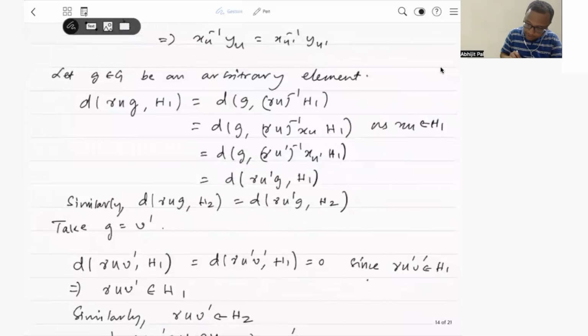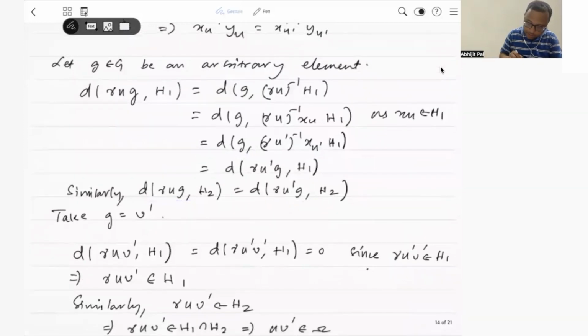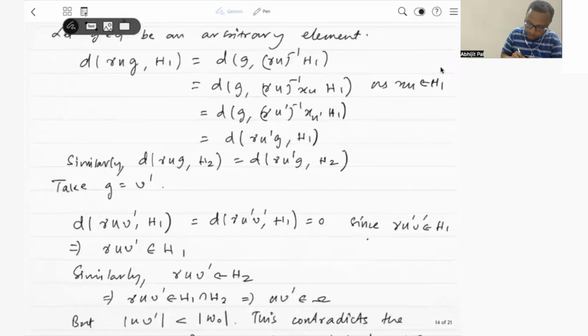And similarly, the distance between γug and H2 is the same as the distance between γu'g and H2. Now we have taken this g to be an arbitrary element, so in particular, we can take g to be v'. Therefore, the distance between γuv' and H1 is equal to the distance between γu'v' and H1.